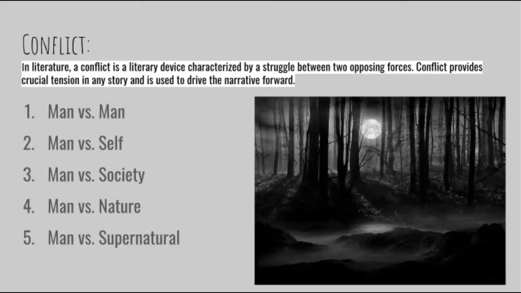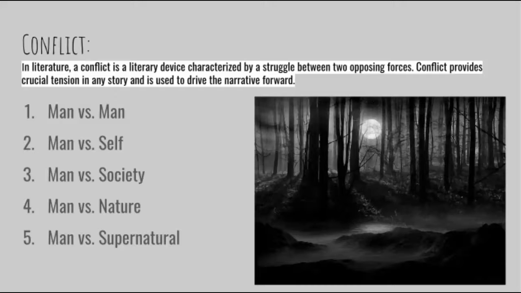First is man versus man. This is when our main character is opposed by another human character. Man versus self is when our main character's biggest opposition or biggest tension is his own self. So think about the saying, we are our harshest critics, or we are our own worst enemies.